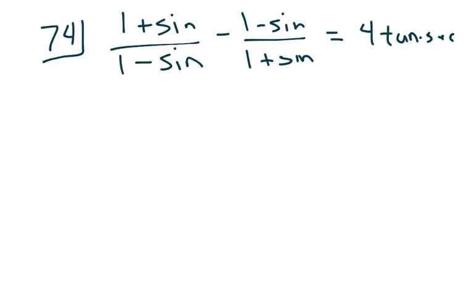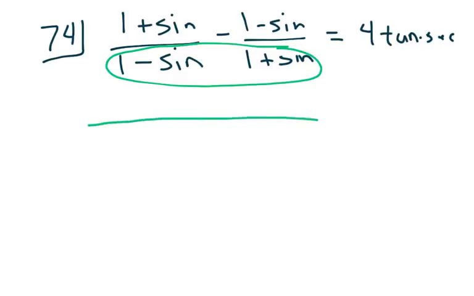Okay. This one is your 74. And what I'm going to do is write these two over a common denominator. So my common denominator is 1 minus sine times 1 plus sine.